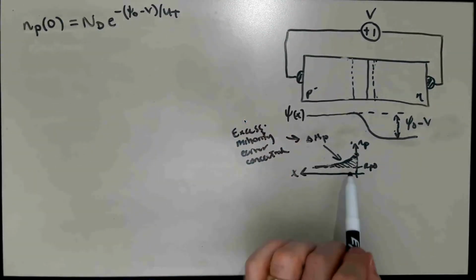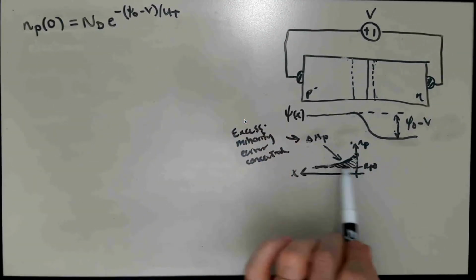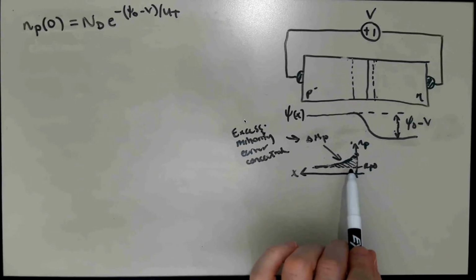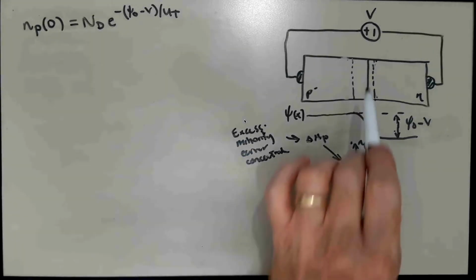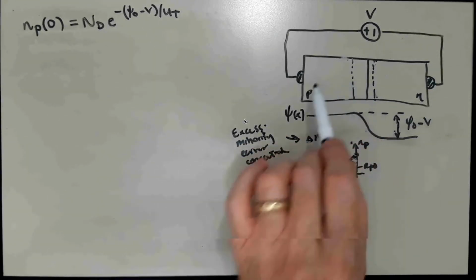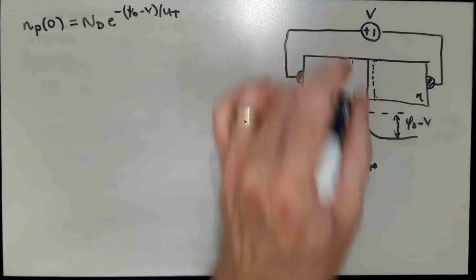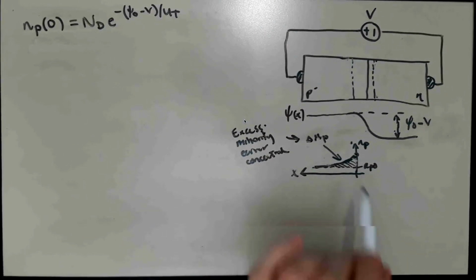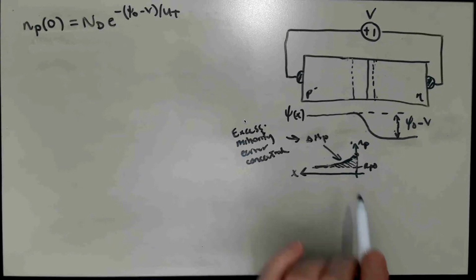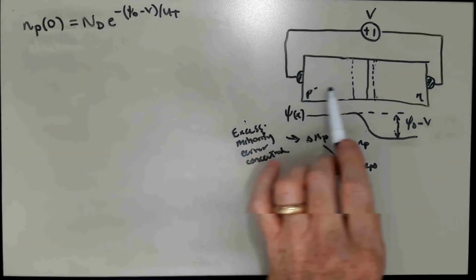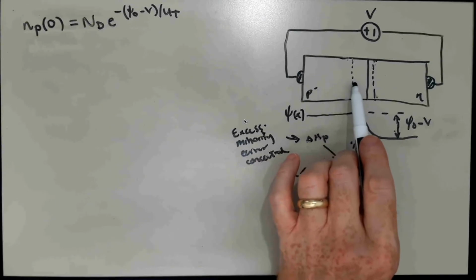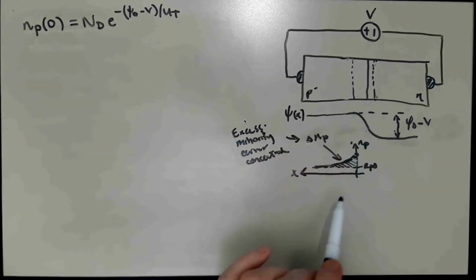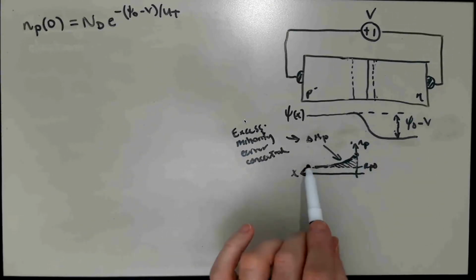And it turns out that the current is going to be proportional to the area under this curve, divided by either like a half-life or a transit time, how long it takes the carrier to get to the contact, that kind of thing. So it's this total amount of charge divided by an average amount of time that charge lives in the region before it gets recombined, or for the case of a contact very close to the junction depletion region edge, it turns out to be more like an average amount of time it takes the carrier to get from the edge of the junction to the contact.